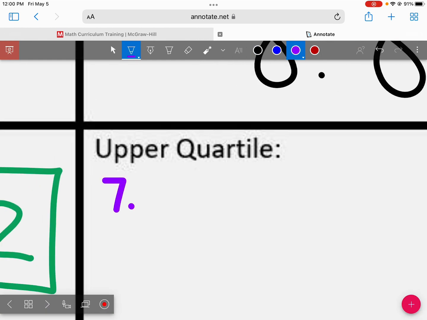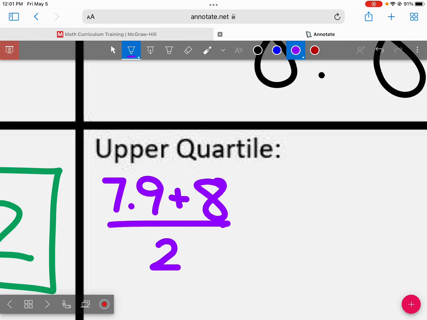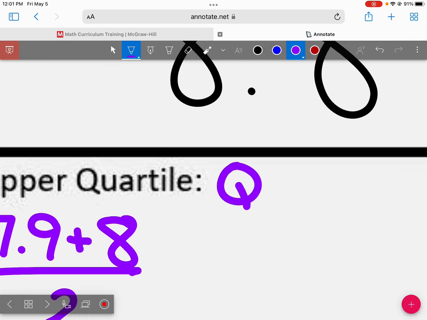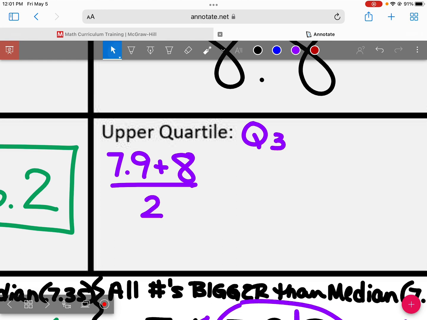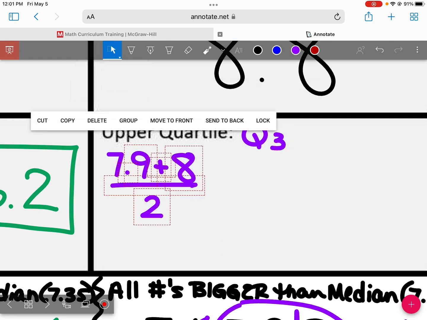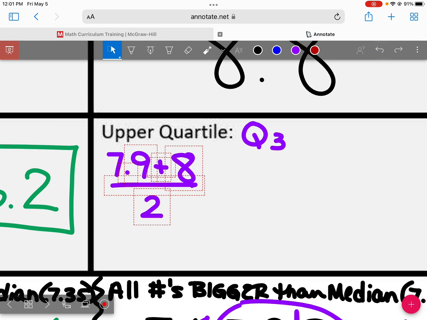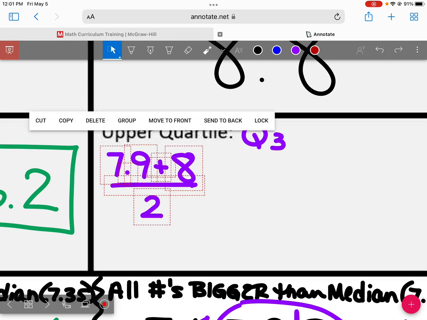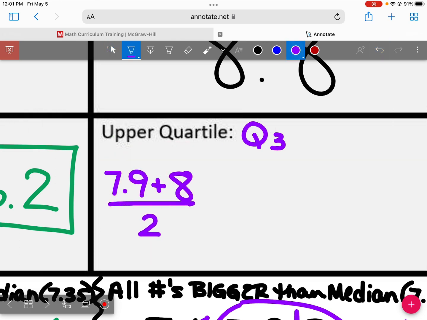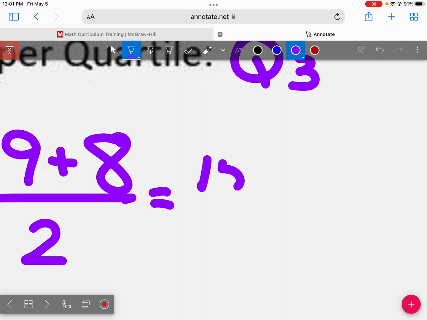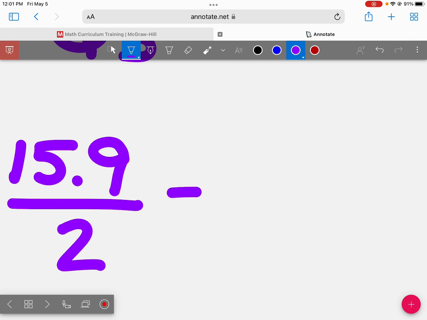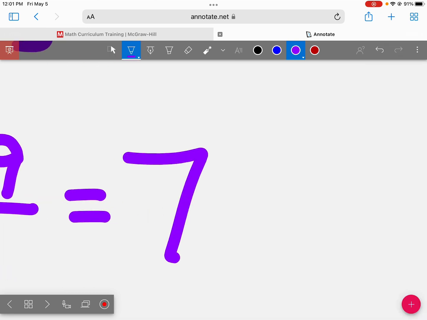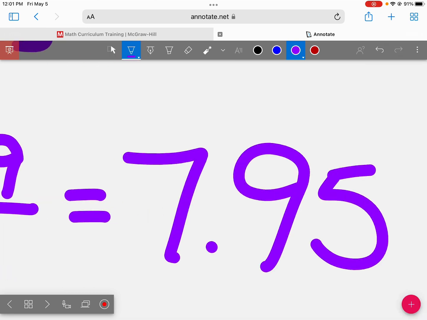So 7.9 plus 8 divided by 2. 7.9 plus 8 is what? 15.9. So I have 15.9 divided by 2, 7.95.